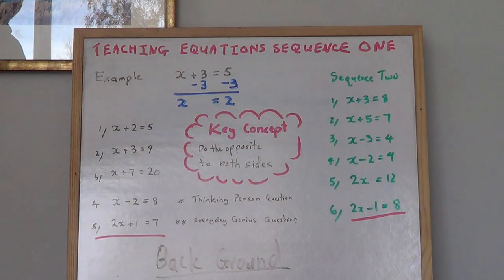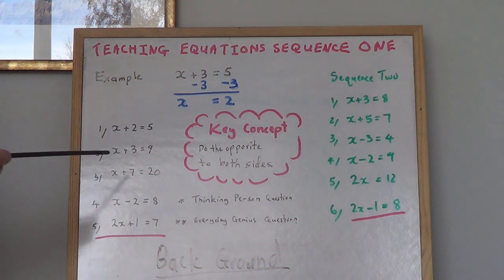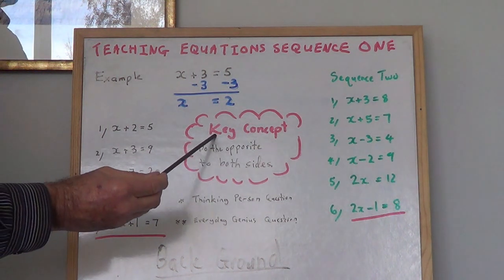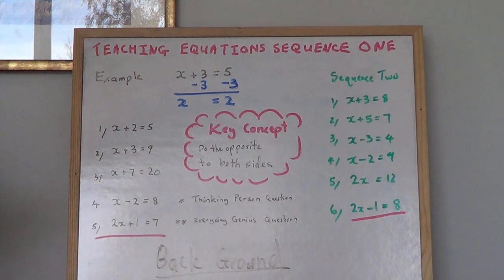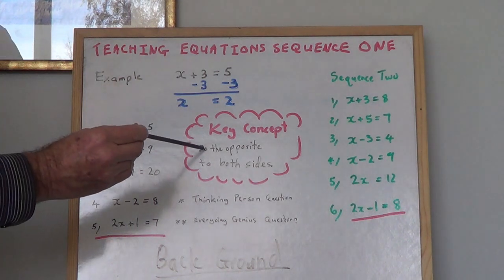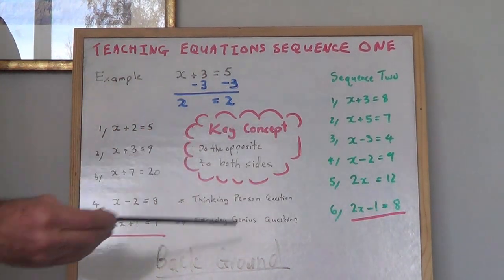Now, this part is background. I've taught my class the concrete concept, and from the concrete concept, I have taught them the key concept. The key concept in equations, the mathematical concept, is basically: do the opposite to both sides.